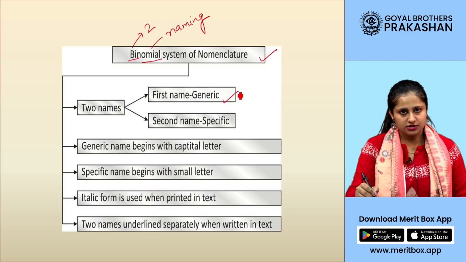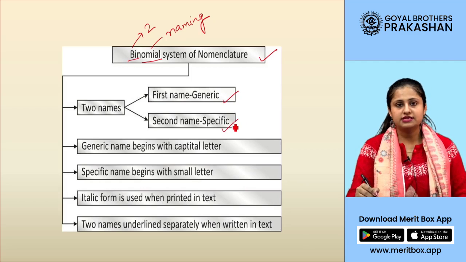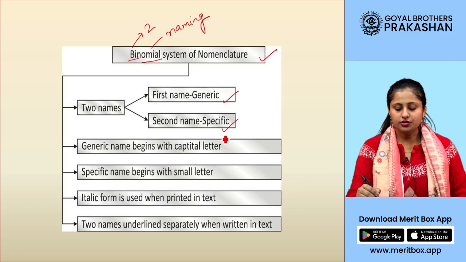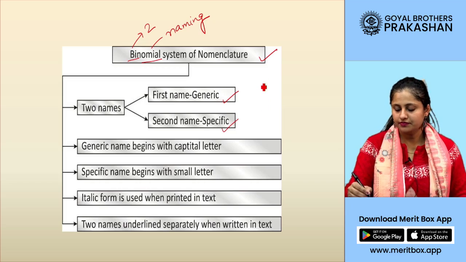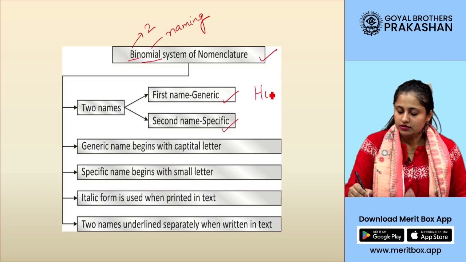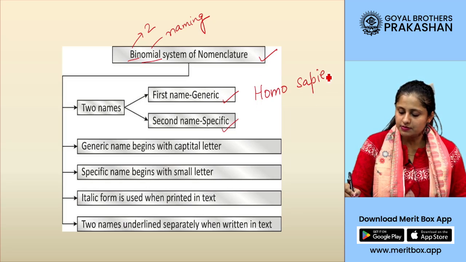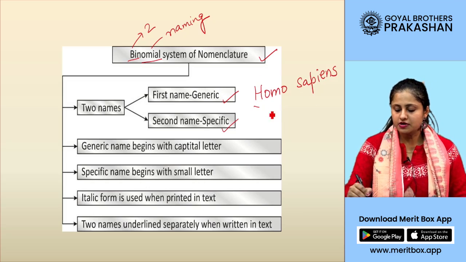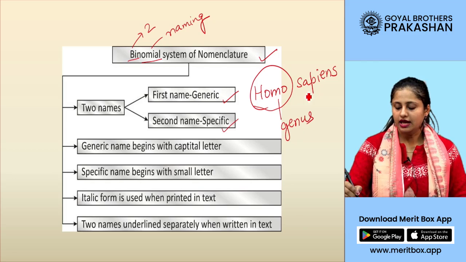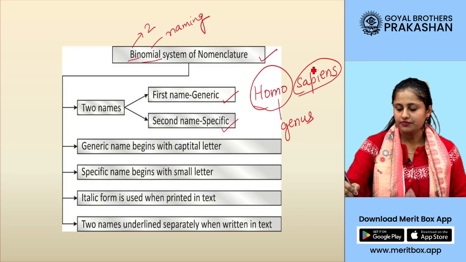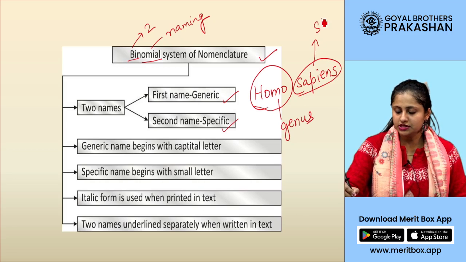First name is known as generic or genus, and the second name is of species, so it is known as specific name. For example, Homo sapiens. So, this first name is generic. It indicates genus, and this second word indicates the species.